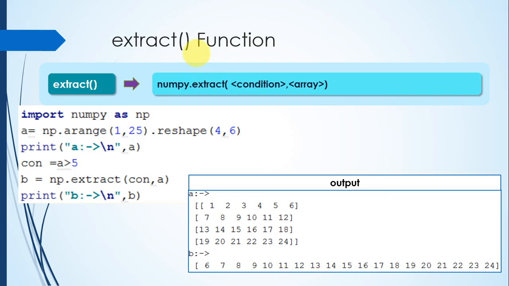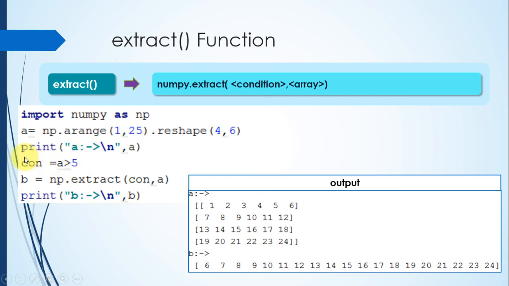So let us now see the extract function. In the extract function, first of all, we have to specify the first argument as a condition, and then we have to supply an array. For example, we have used an array containing 24 elements and reshaped it to 4, 6. Now what I did is I have stored a condition. You can see this is the condition. Con, any variable of your choice, is equal to A, A is our array, greater than 5.